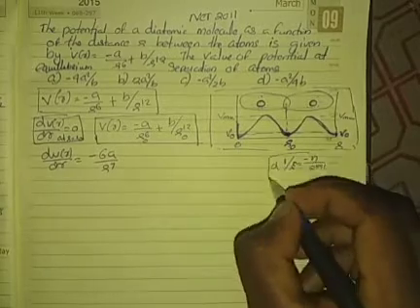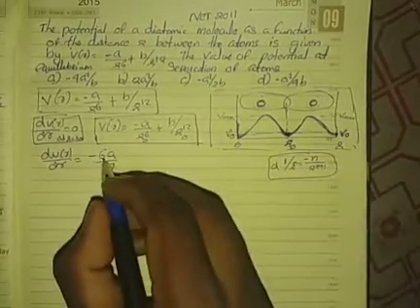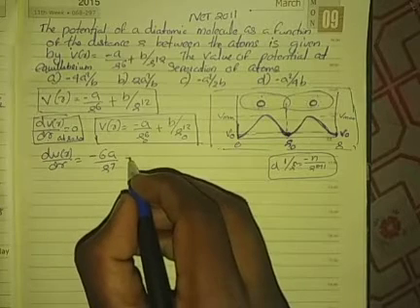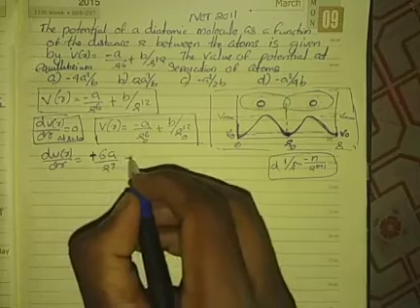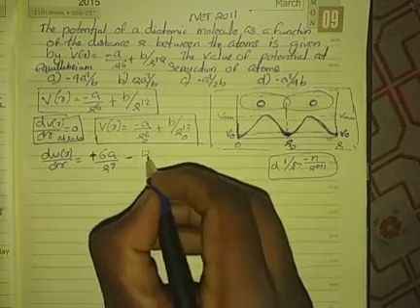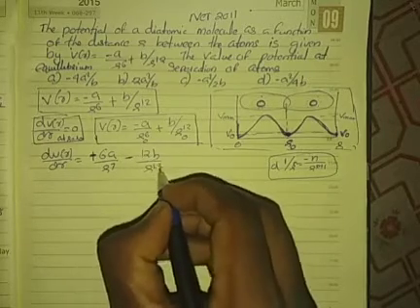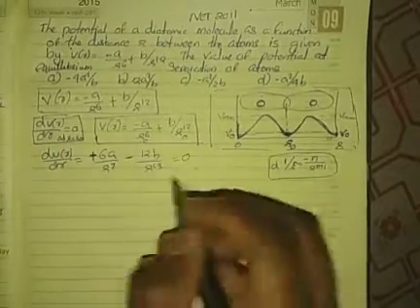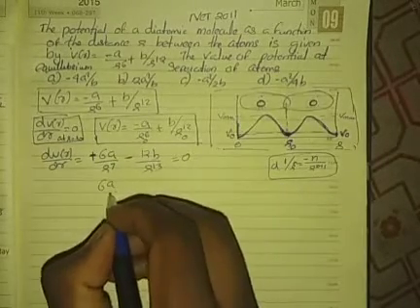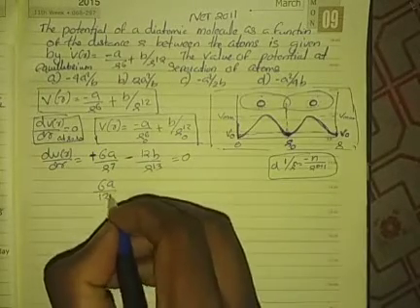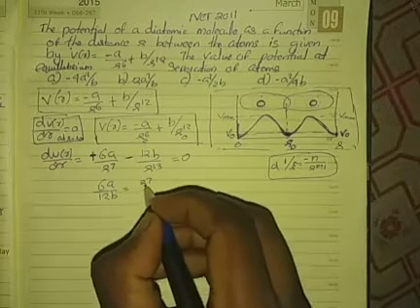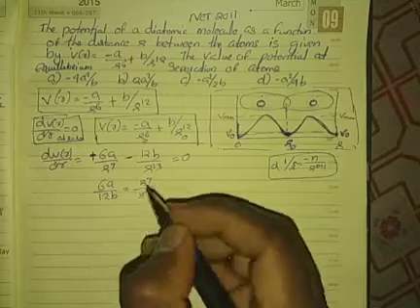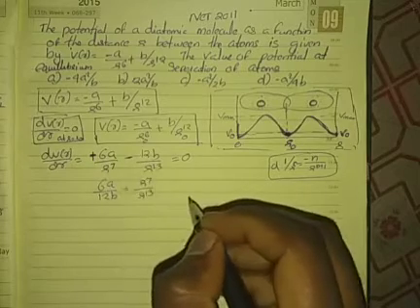So it's minus 6a by r raised to 7, plus, since minus and minus become plus, 12b by r raised to 13. This is equal to 0, which means 6a by 12b must be equal to r raised to 7 by r raised to 13. I just cross multiplied them.